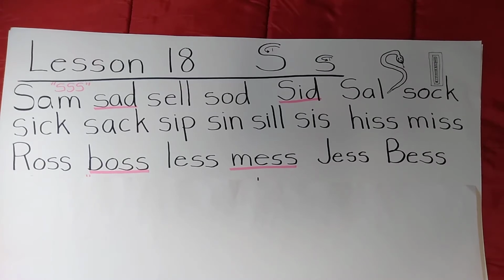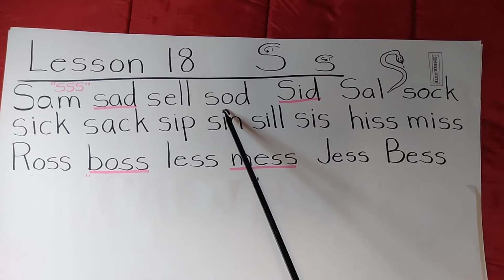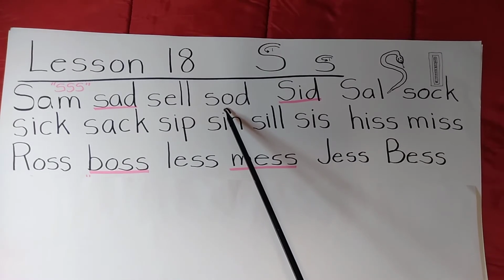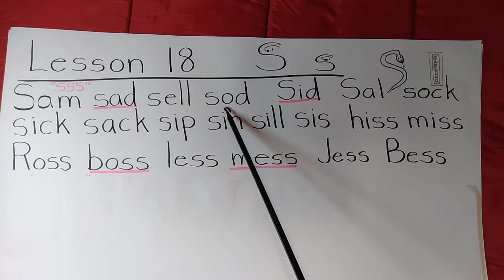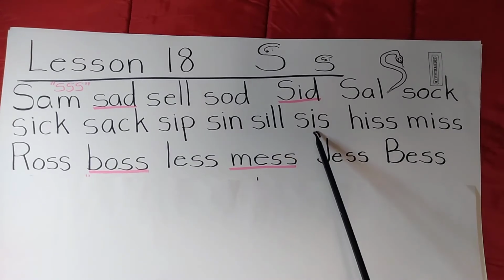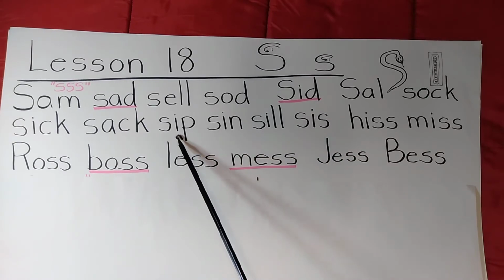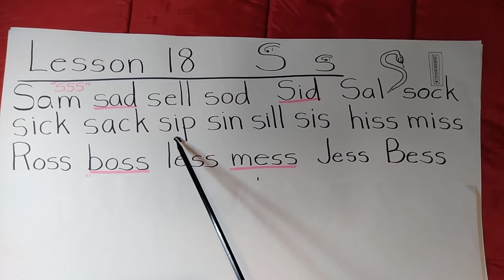And let's see, sod is dirt with grass on it, and sometimes it's cut into sections to use as an instant lawn. This might be a hard concept for very young children to grasp. Possibly you can find a picture online. Sis is short for sister. Sip is a small drink.